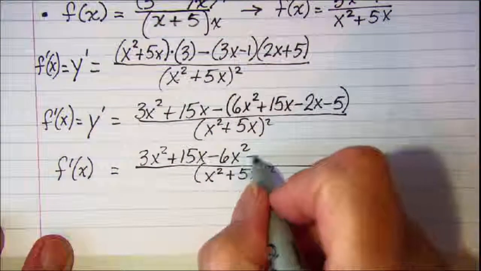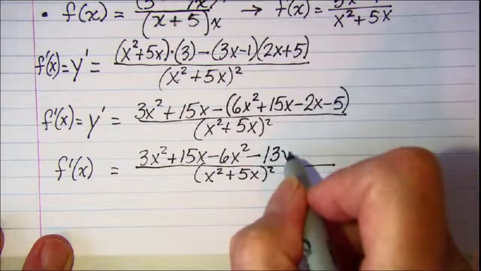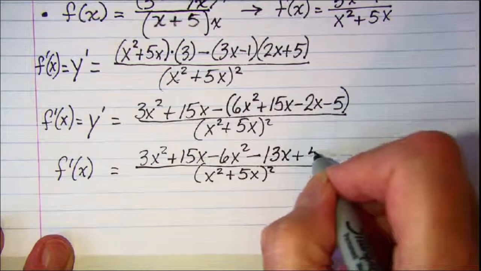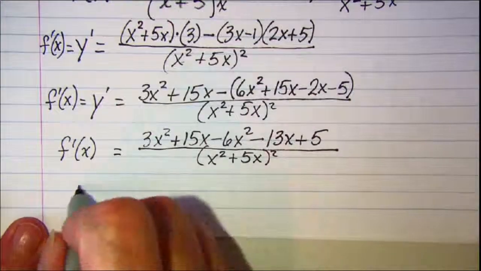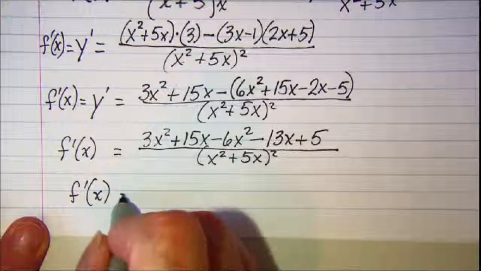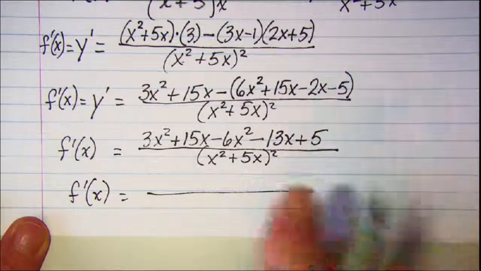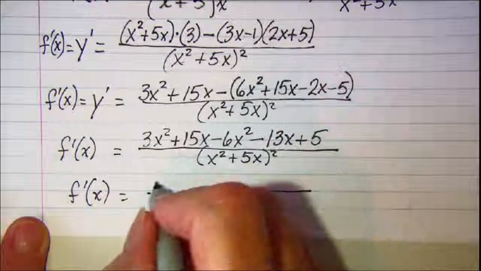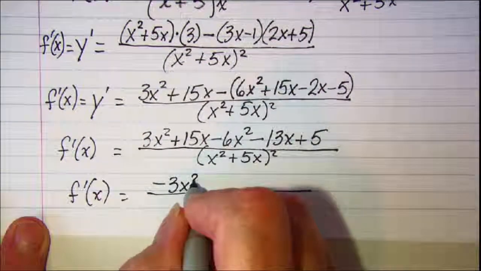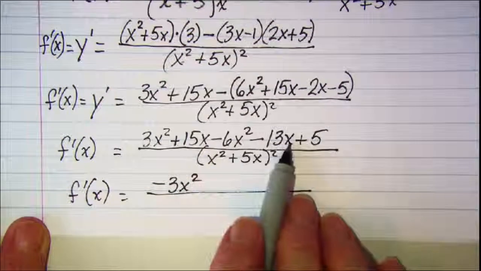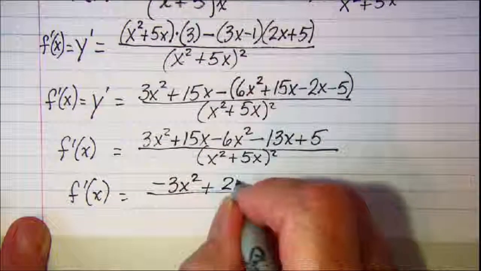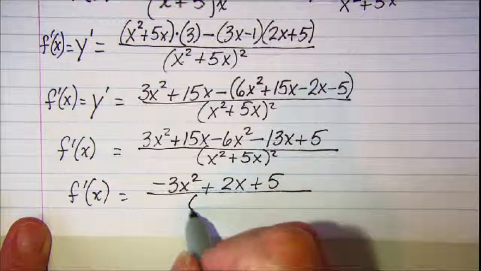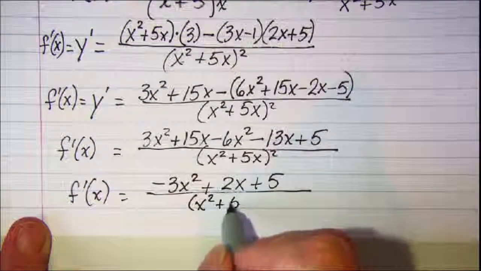So the negative makes it a negative 13x. And then plus 5. And then finally, this is negative 3x squared positive 2x and positive 5 over that x squared plus 5x quantity squared.